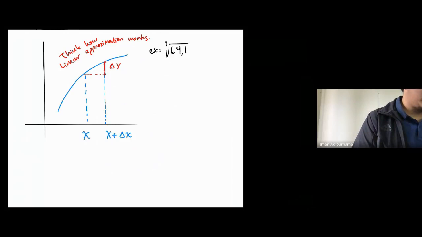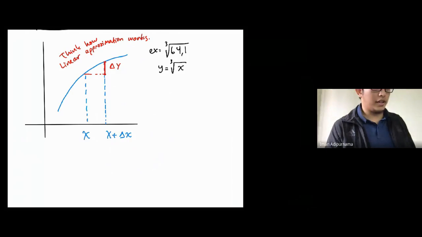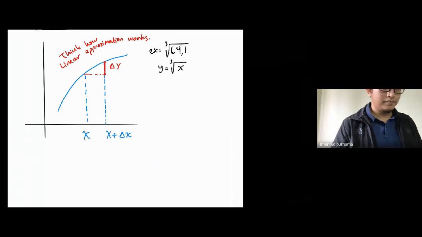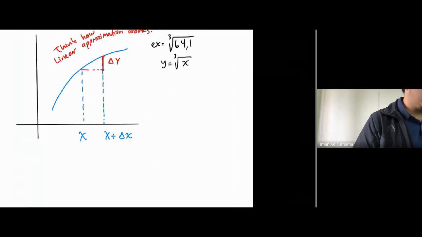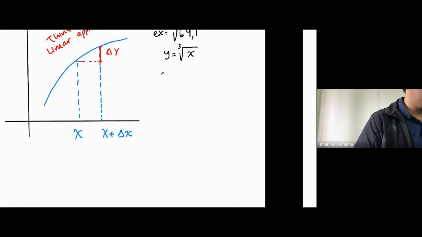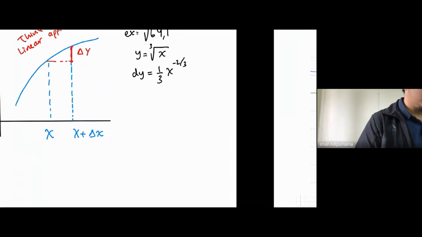Then we can start by making y our function, x to the one third, right? And then we can find, but let me use dy. dy is 1/3 x to the negative 2/3 dx.